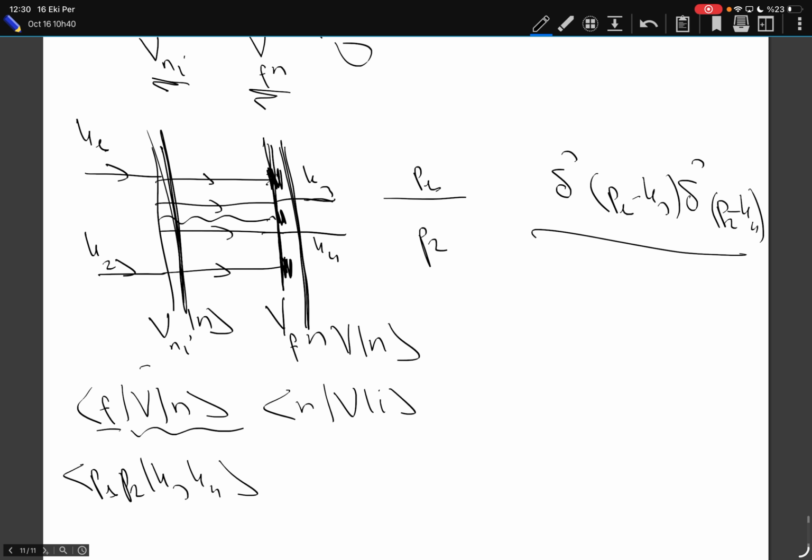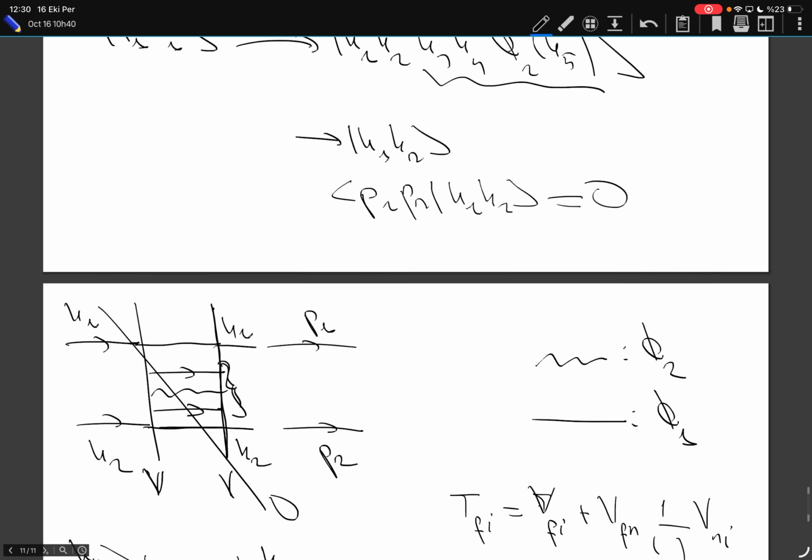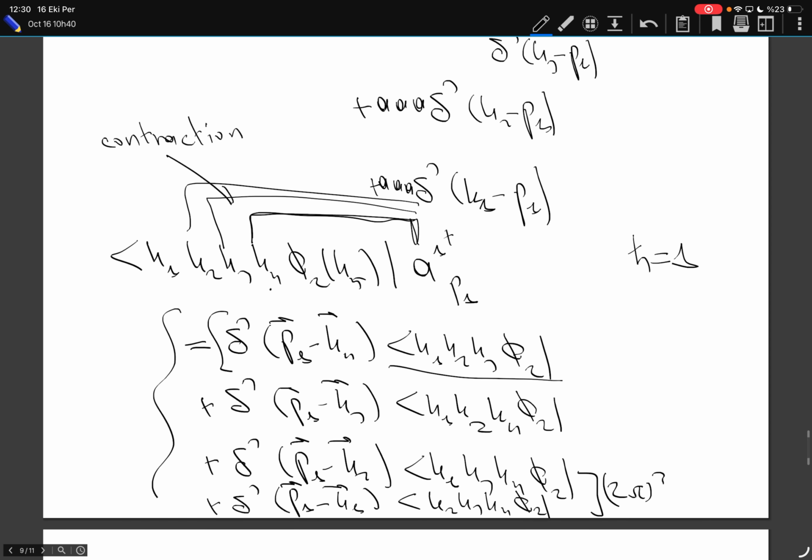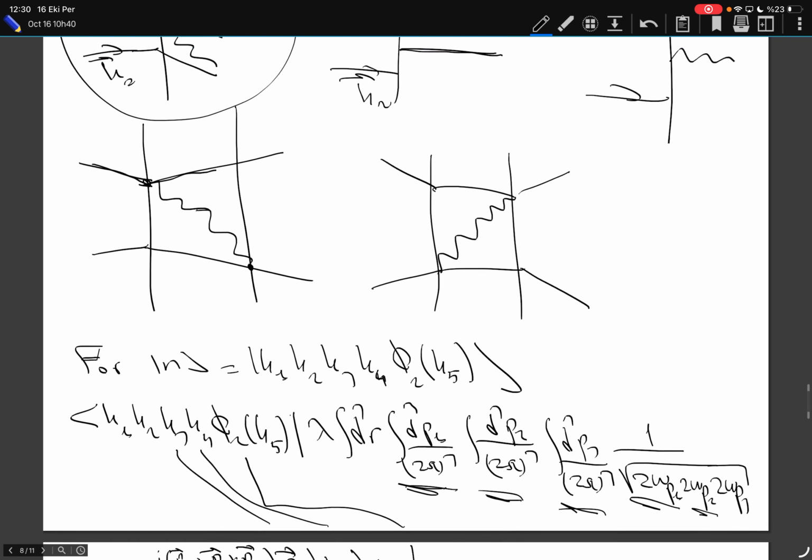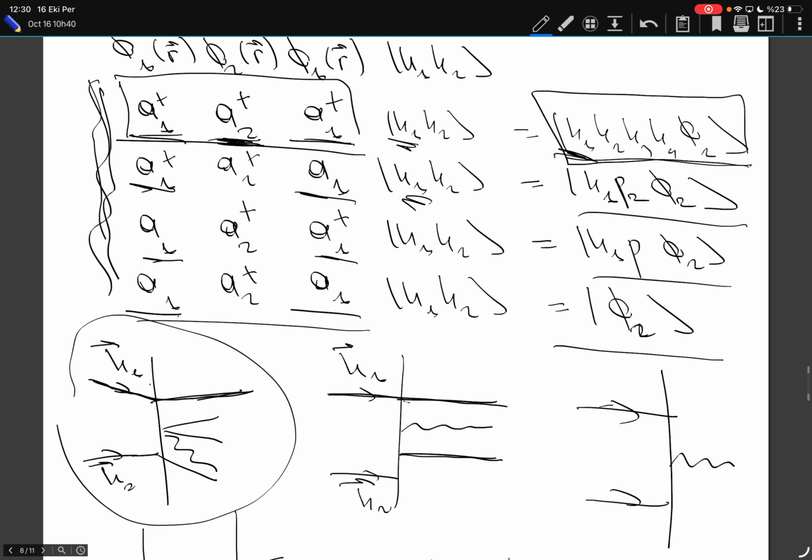But this will still be 0. There will not be any contribution also from this one. But then you see, okay, using more or less the same reasoning, let's look at this one. What will be the contribution of that one?